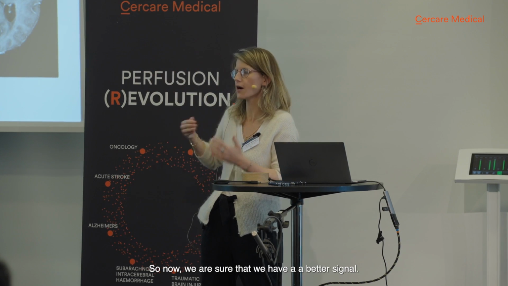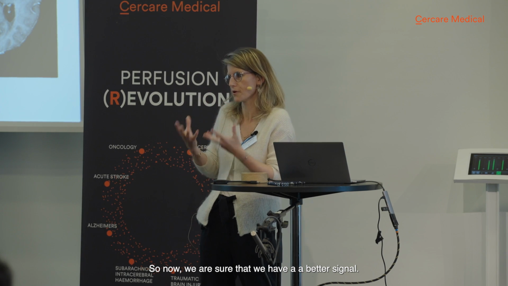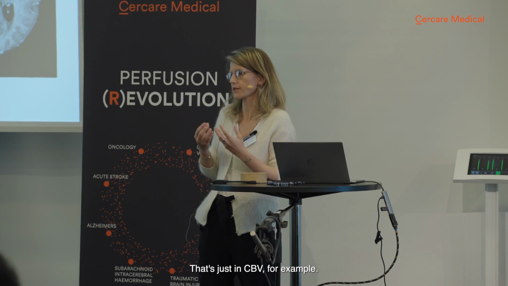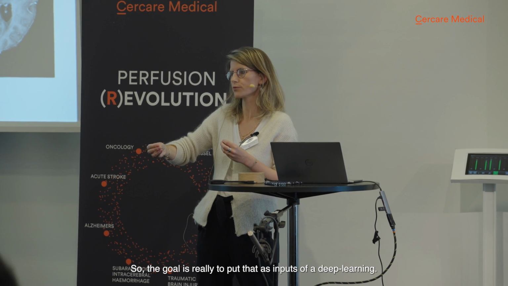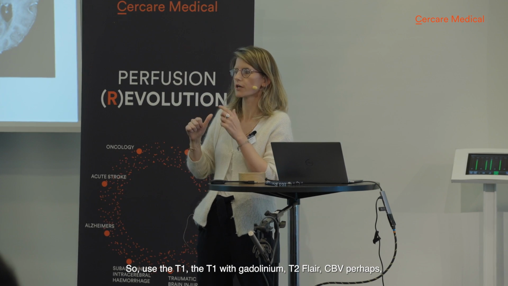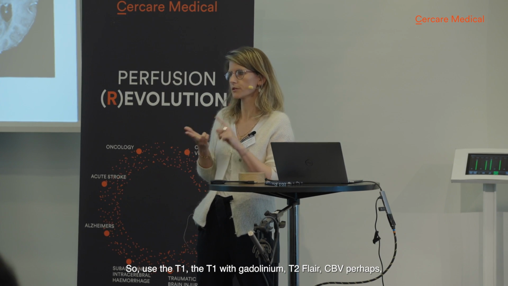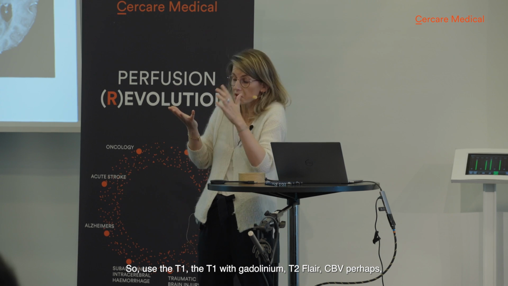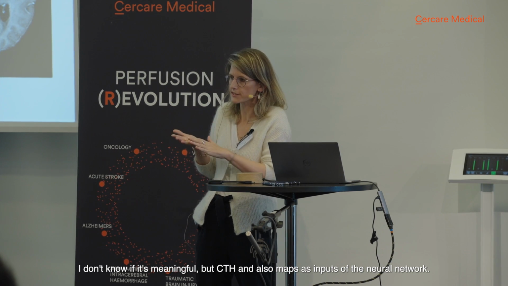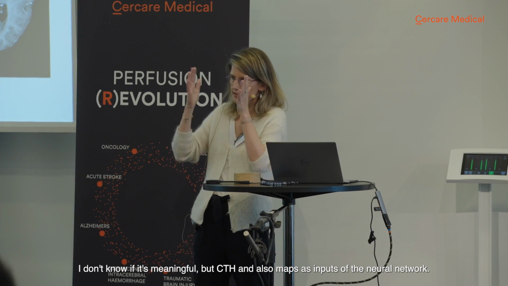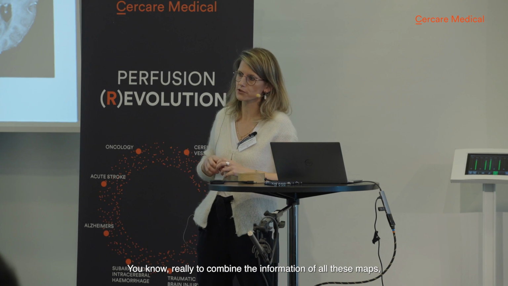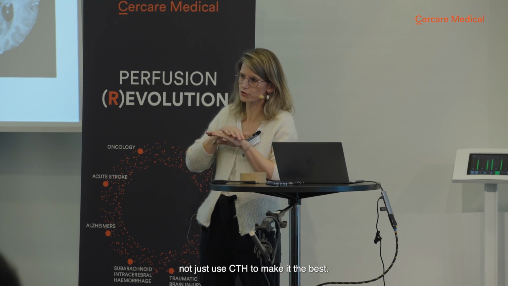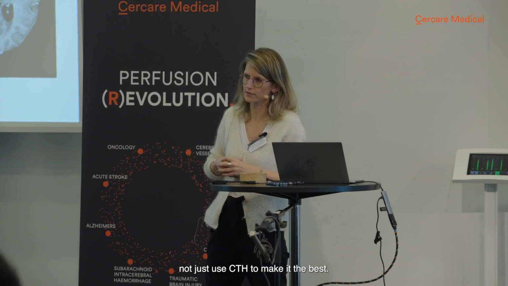So now we are sure that we have a better signal than just in CBV, for example. So the goal is really to put that as input of a deep learning network. So use the T1 with gadolinium, T2 FLAIR, CBV perhaps, I don't know if it's meaningful, but CTH and all the maps as inputs of the neural network in order to really combine the information of all these maps, not just use CTH to make the boost.